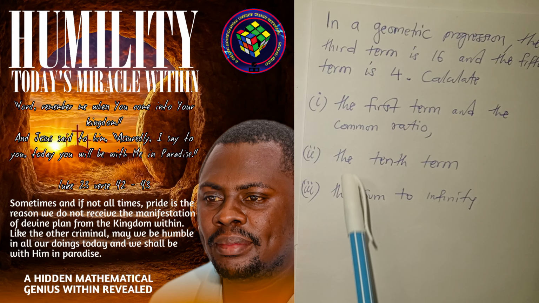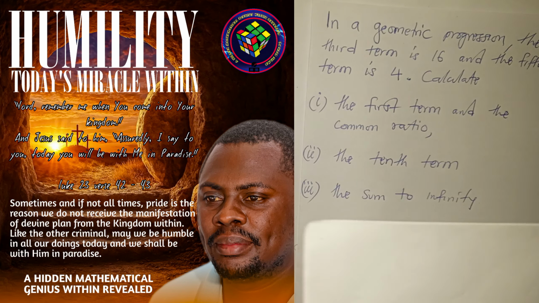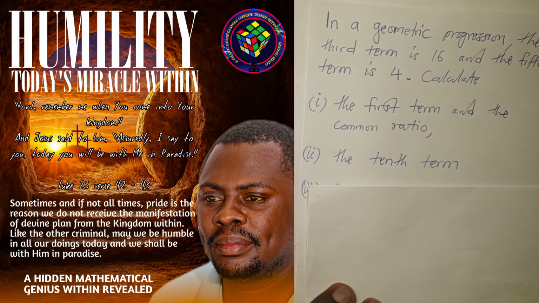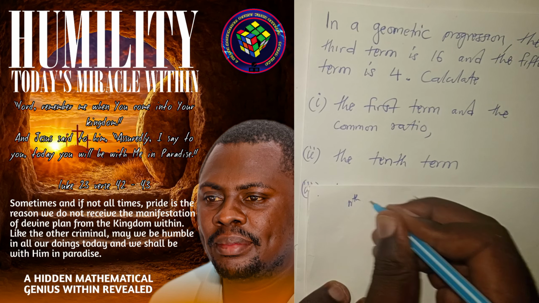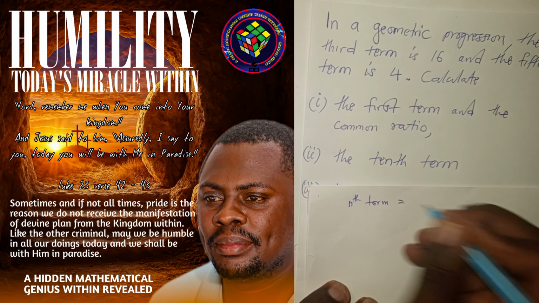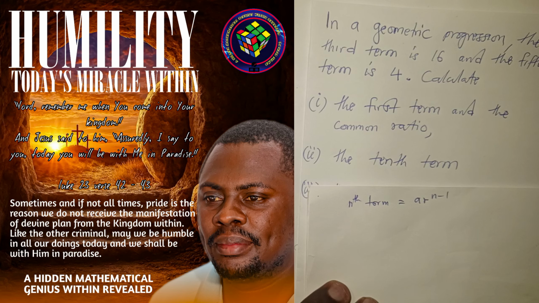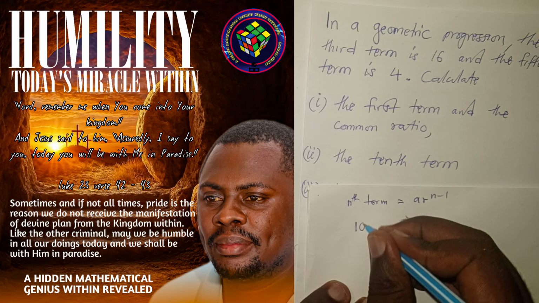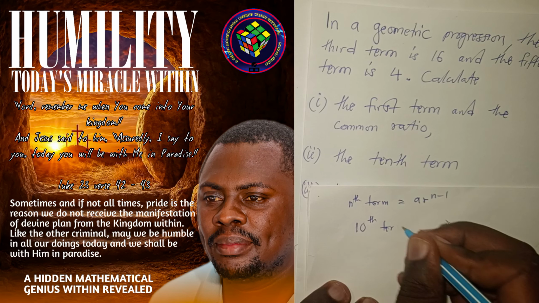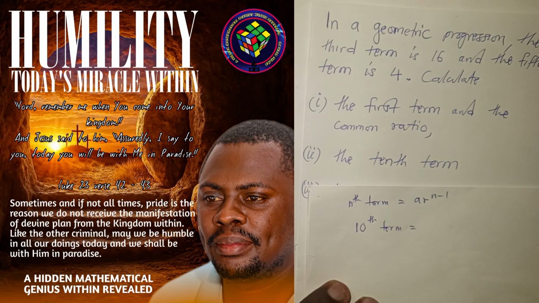The next one is the 10th term. This one is so simple. The nth term of a GP is equal to ar to the power n minus 1. So our 10th term is equal to a, our first term, and the first term is 64.